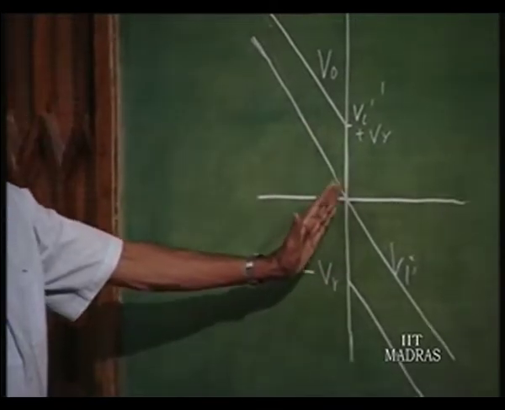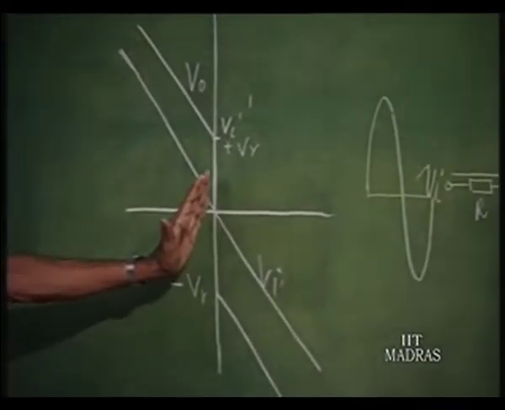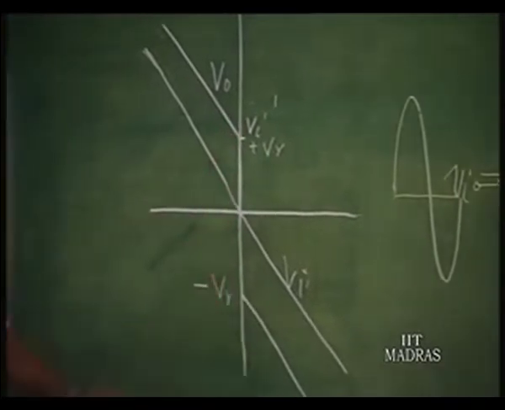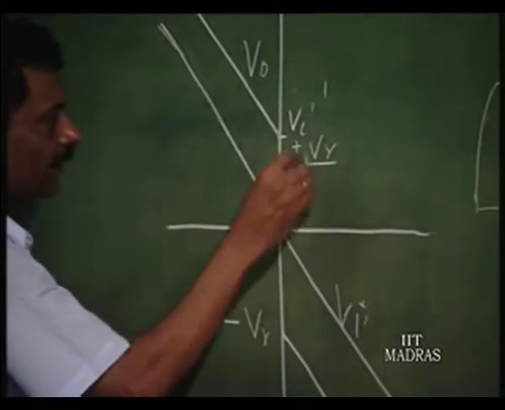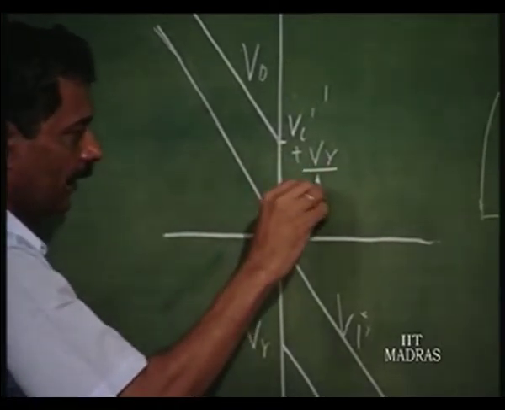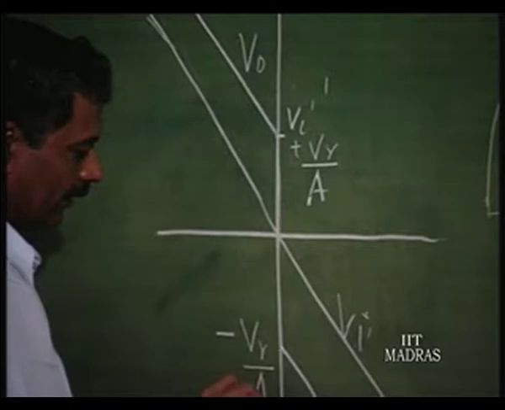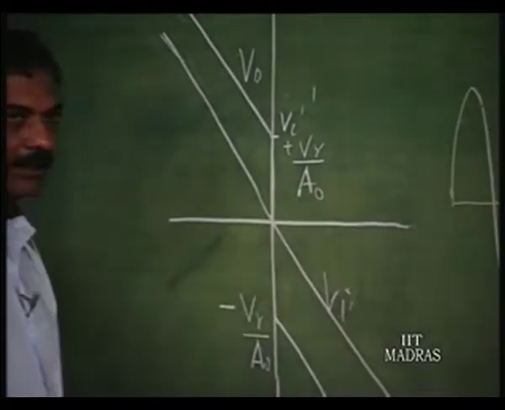That is, if the gain is infinity, this is the jump. If the gain is very high, there will be a certain slope here, okay, and therefore, this is going to be V gamma by A naught, where A naught is the DC gain, right.